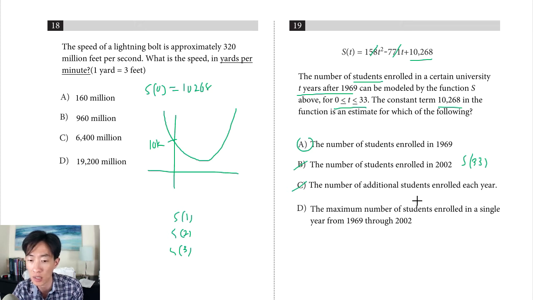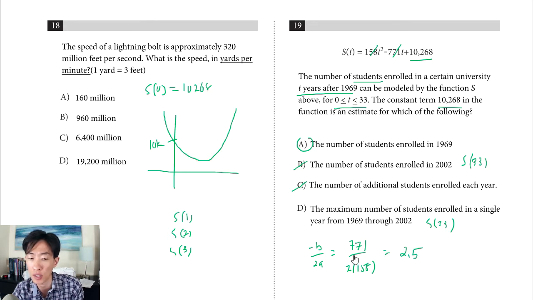So my guess is the maximum number of students is going to be S of 33 based on the way this function looks. And if you're not convinced, you can calculate where the midpoint is going to be by doing negative b over 2a, which is going to be 771 divided by 2 times 158. It's going to be about 2.5.